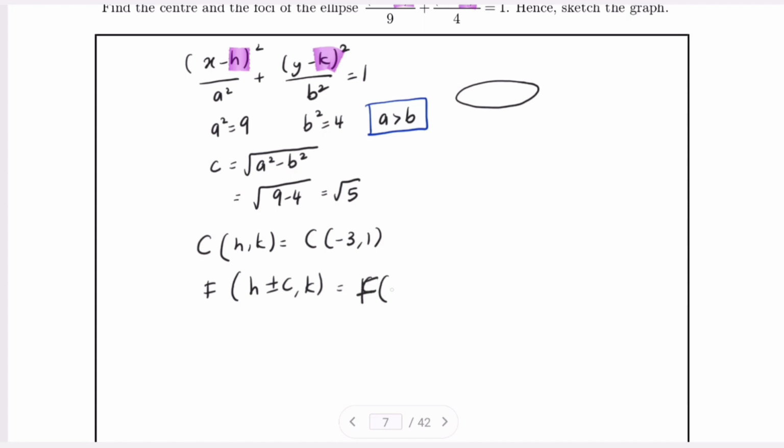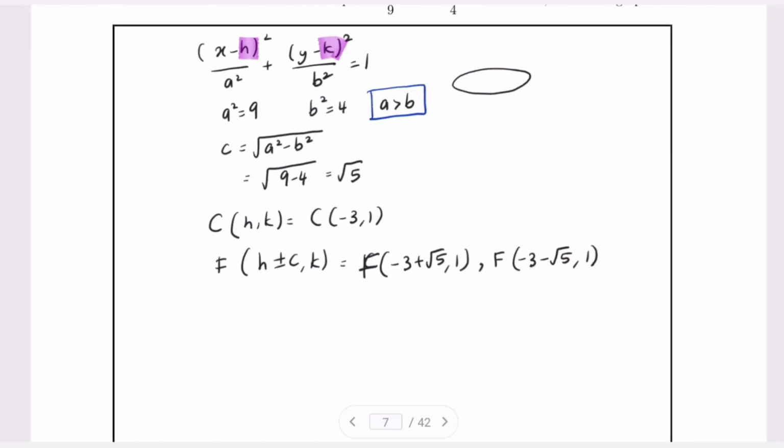So it's going to be (negative 3 plus root 5, 1) and (negative 3 minus root 5, 1). You can leave your answer in root form. You don't have to change it to decimal. For the vertices, the formula will be (h plus or minus a, k). So the first major vertex is (negative 6, 1), and the second one is (0, 1).